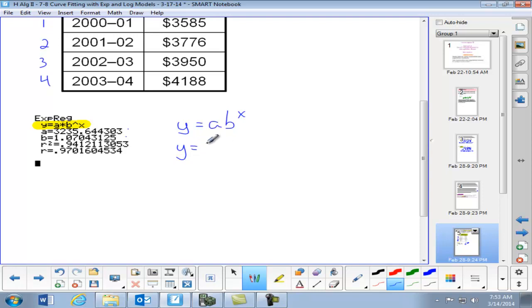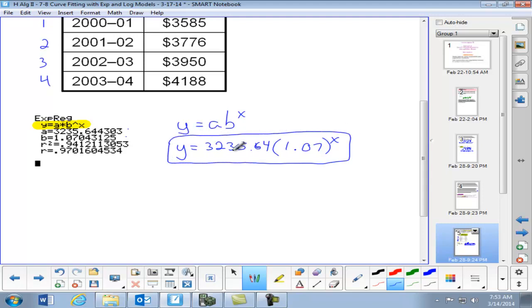The value of a is 3,235.64, times the b value, 1.07, to the x. And this makes sense, 1.07, because it's an exponential growth, so that is a value that is greater than 1. So there's your model: y equals 3,235.64 times 1.07 to the x power.